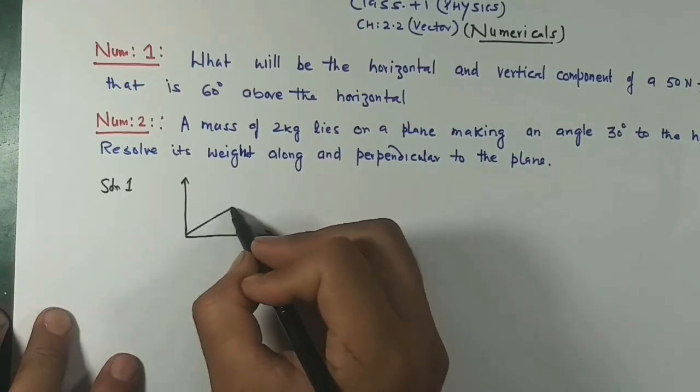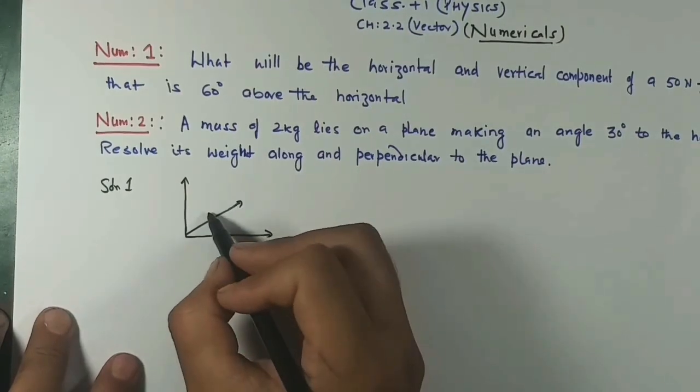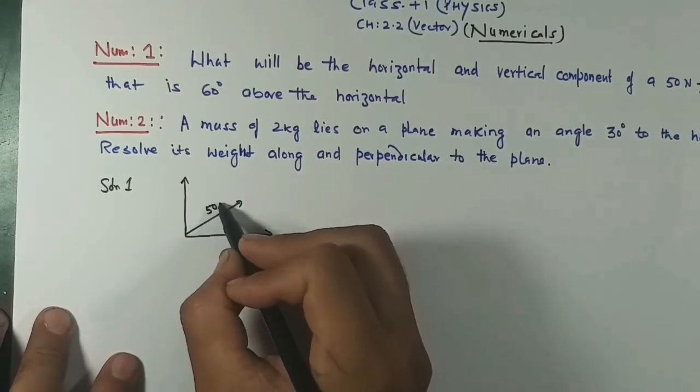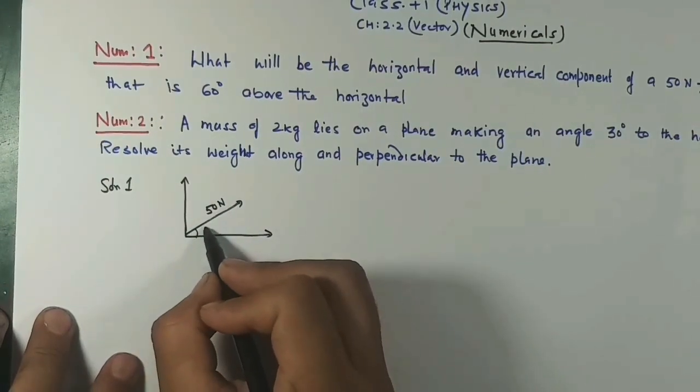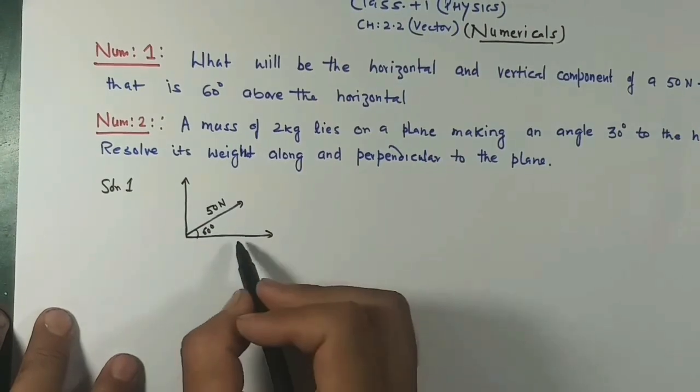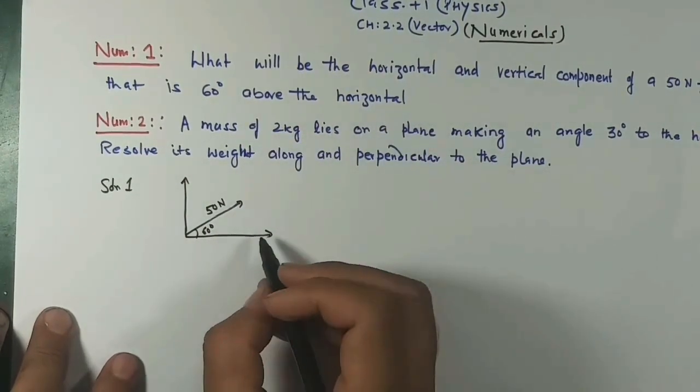This is a force given, which is 50 Newton, and it makes an angle theta which is 60 degree above the horizontal.